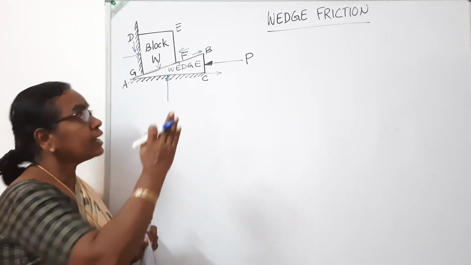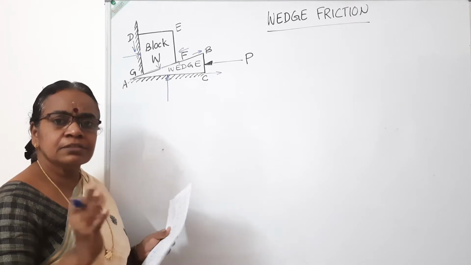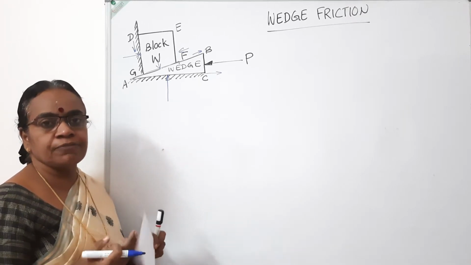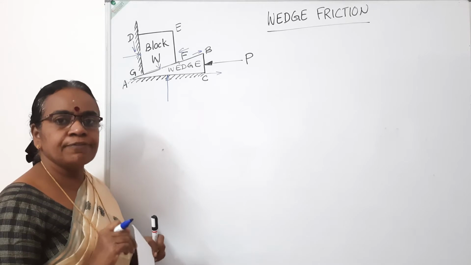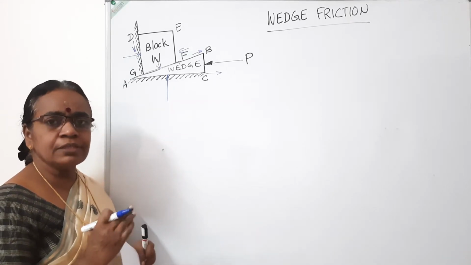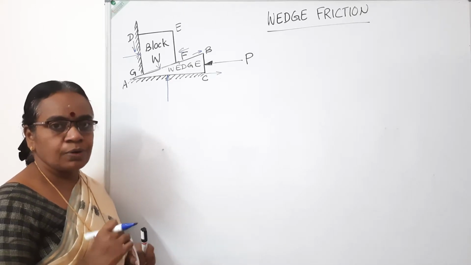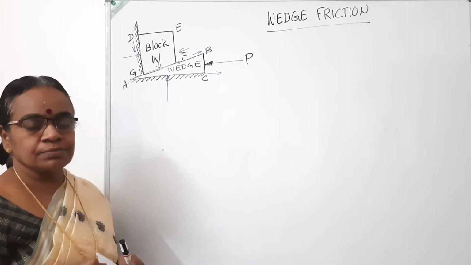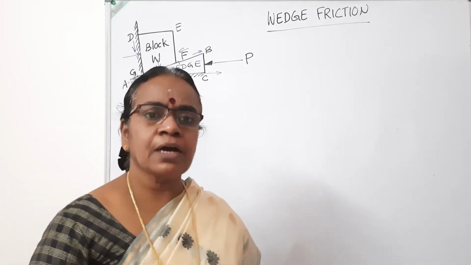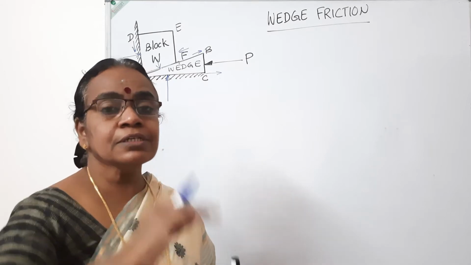So draw the free body diagram of wedge as well as the block separately and write down the equations of equilibrium, sigma Fx = 0, sigma Fy = 0, and finally get all the unknown reaction components. So we will see this with the help of a numerical example. So I will pass on to the numerical example. It is nothing but application of equilibrium laws on inclined plane.